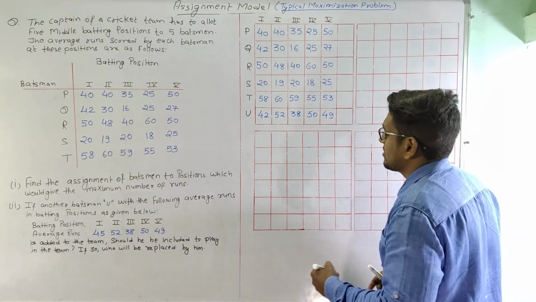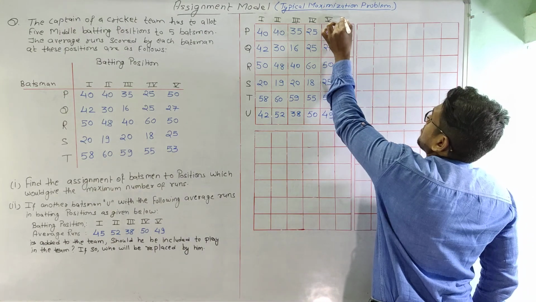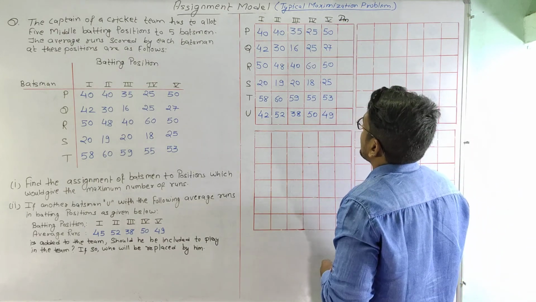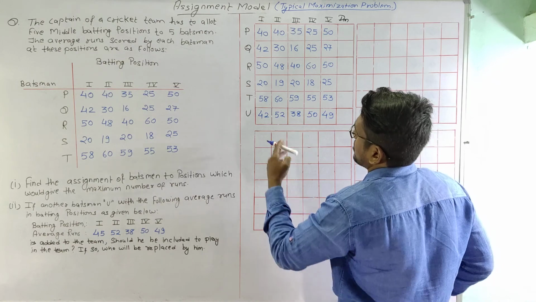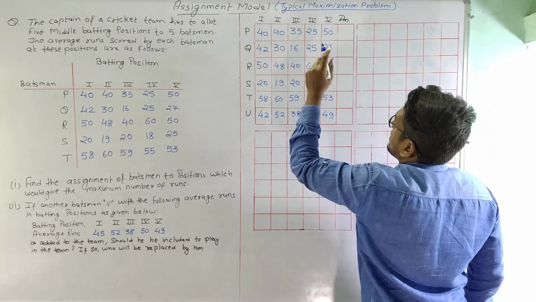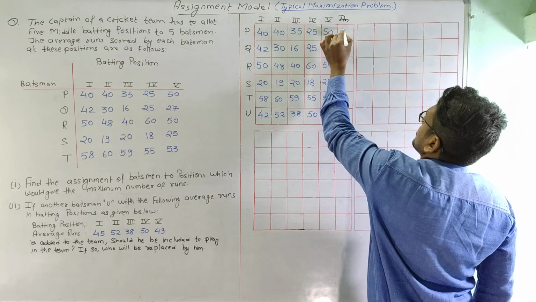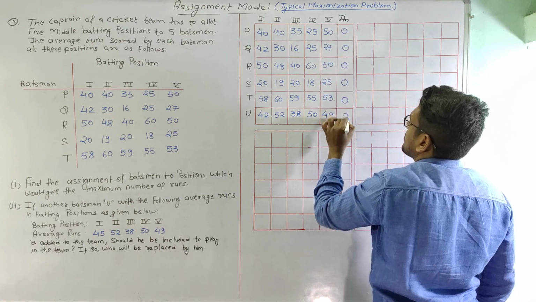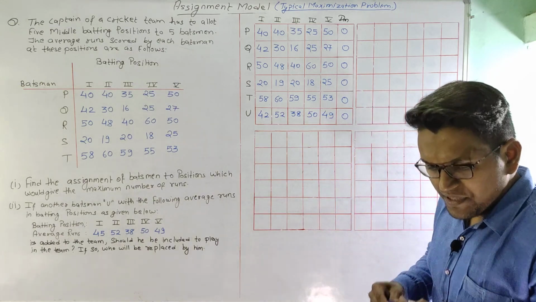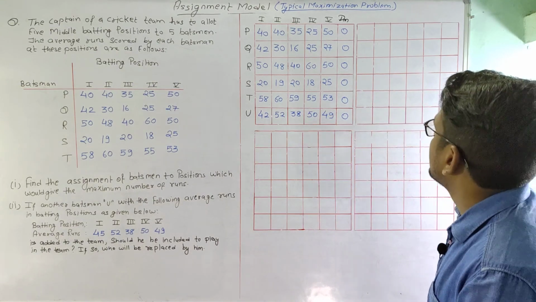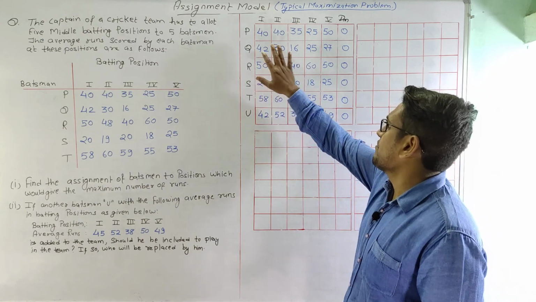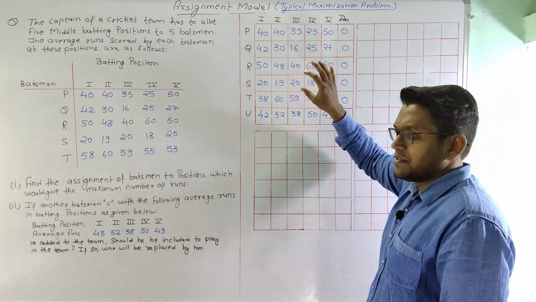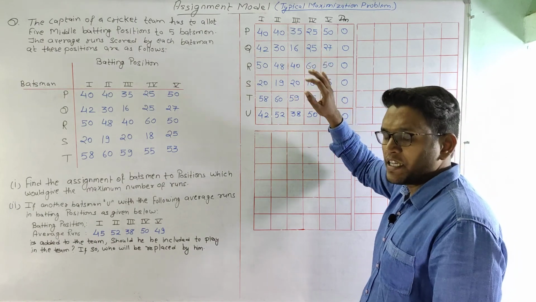So in order to make this a square matrix, we will make a dummy column. Now this is a 6 cross 6 square matrix, and for this dummy position the average run scored will be 0. So now the 6 cross 5 matrix has been converted into a 6 cross 6 matrix, and now we can find the solution by the Hungarian method.